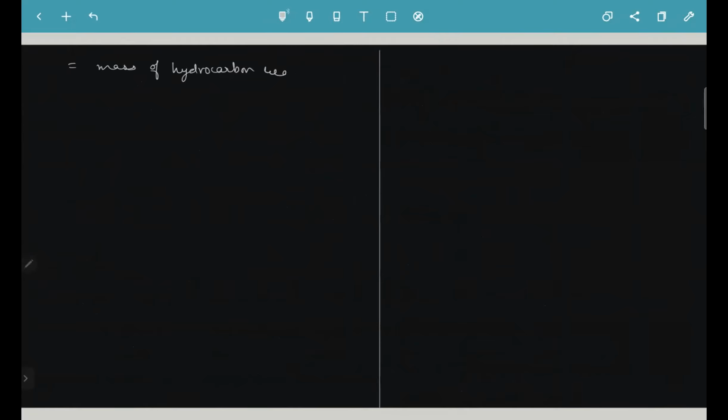Hence proved. Hence, the data is in accordance with the law of conservation of mass. Okay?